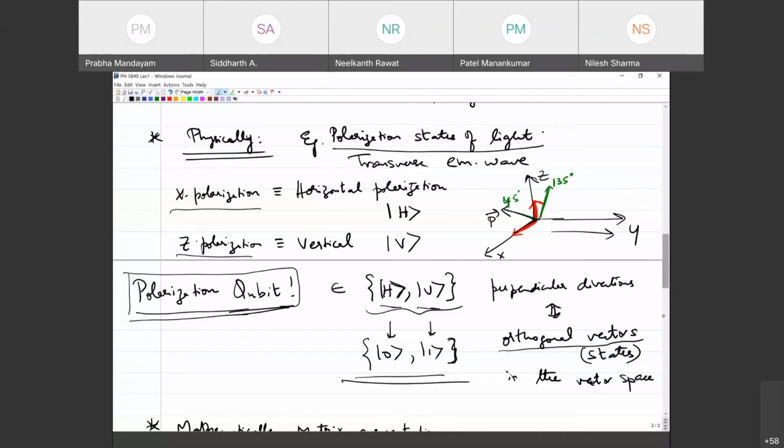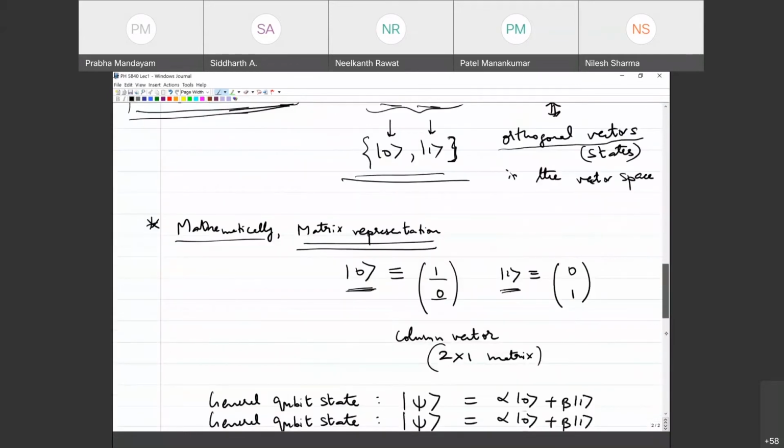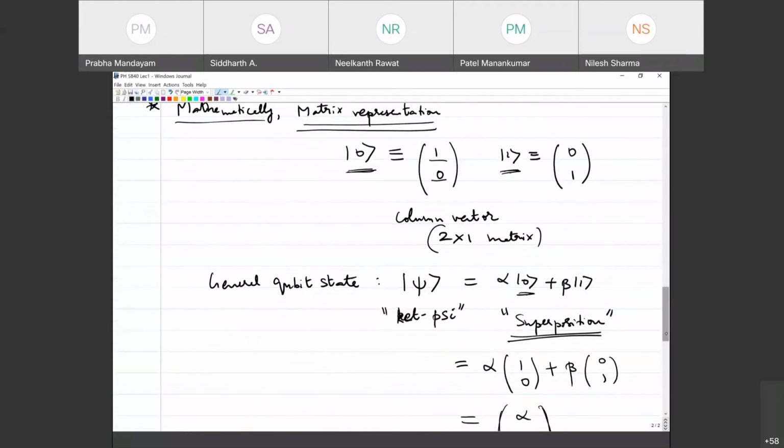This idea has been explored by people. If alpha, beta have to be real, then this is what is called a rebit, or a real qubit, so to speak.